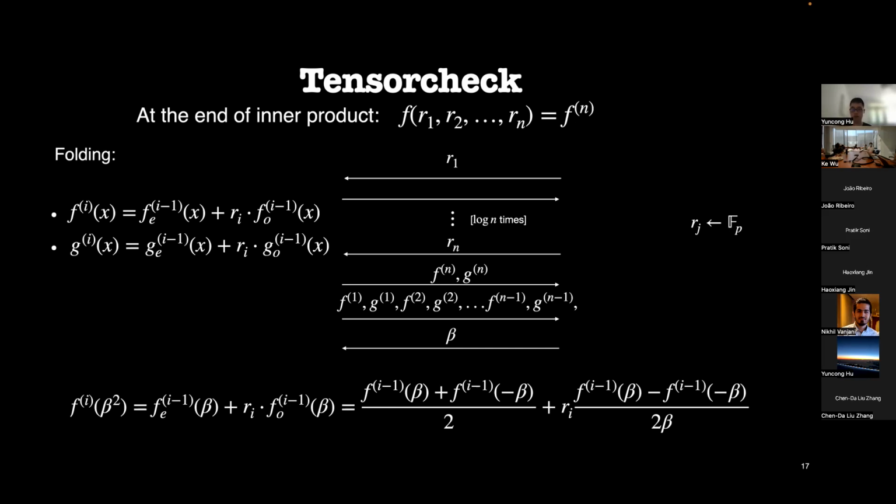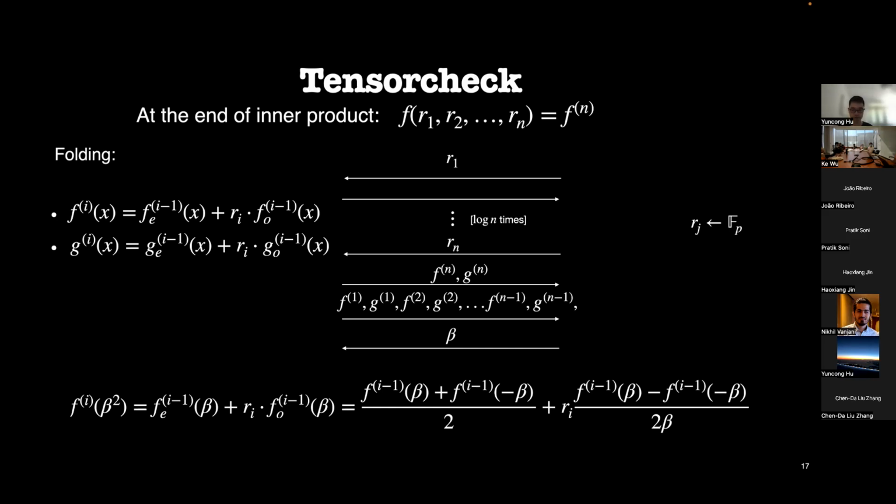It's possible to combine these two techniques. Actually, several people sent me an email asking about this direction, and I think they are working on this. So in other words, our tensor check also shows the possibility of constructing a more efficient multivariate polynomial commitment.